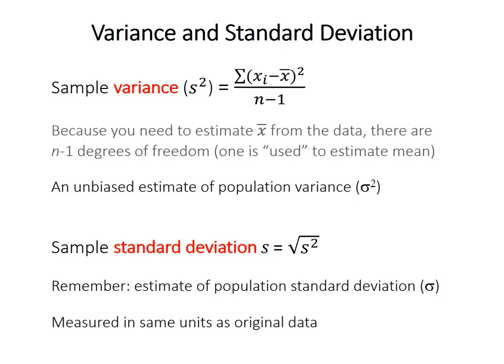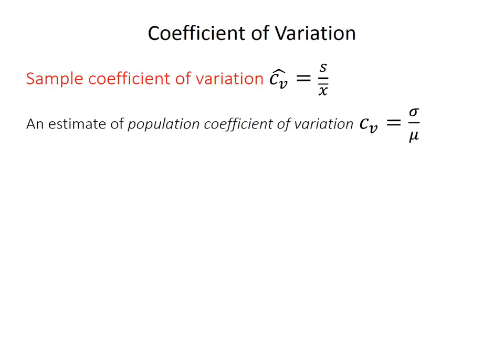Because these deviations are measured from the mean, the magnitude of those deviations, and therefore the size of the variance or standard deviation, will tend to be larger when the mean is larger. So variance has some relationship to the mean, and that can be a problem in certain cases, which I'll illustrate next.